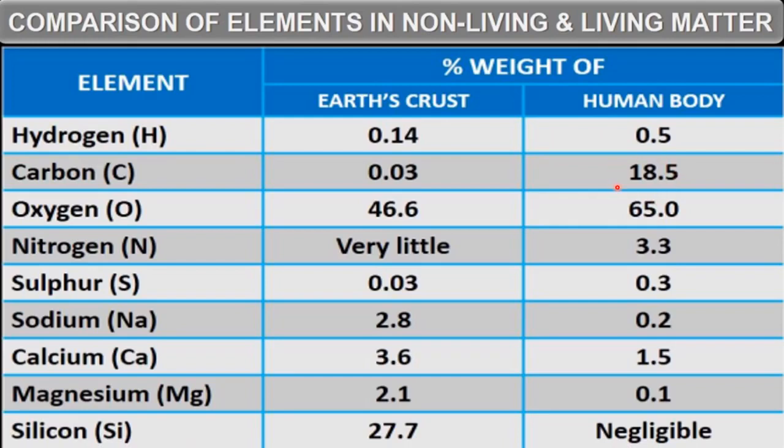So it is much larger than it is present in earth's crust. Okay, so we can say in human body, in living matter, carbon is a very important component. So carbon is present in much larger quantity than it is present in earth's crust. Oxygen is present, and you can compare here all these elements' percent weight present in earth's crust and human body.